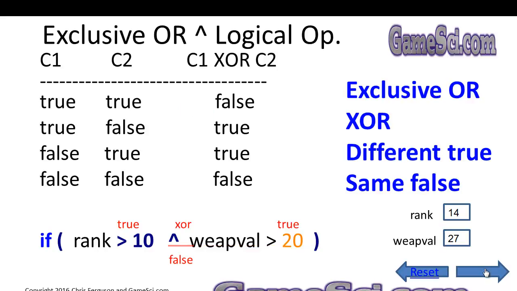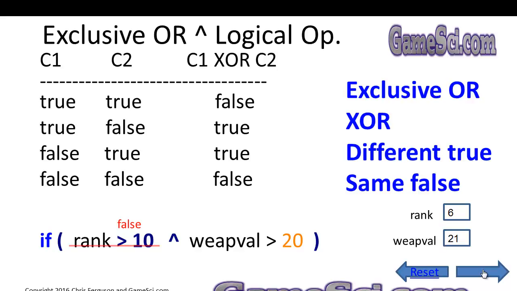And if I continue on here, I see that the exclusive OR does return a false. If the inputs are different, the result of the exclusive OR will be true. If the inputs are the same, be it 2 trues or 2 falses, the output of the exclusive OR will be a false.